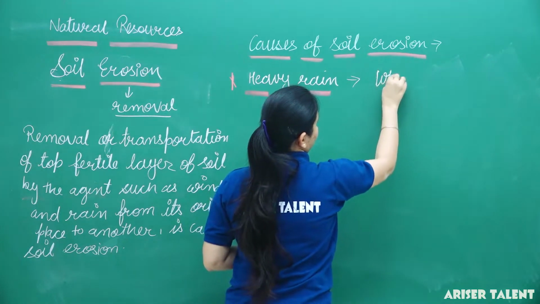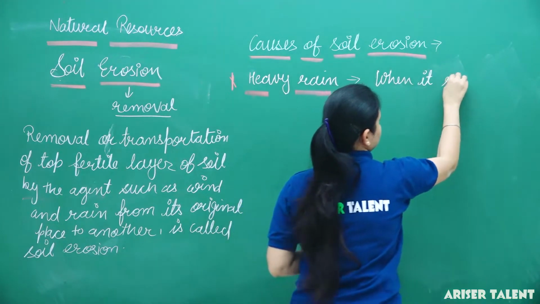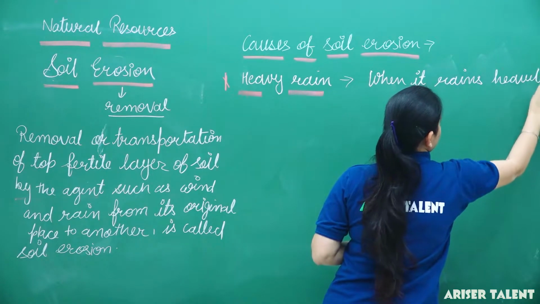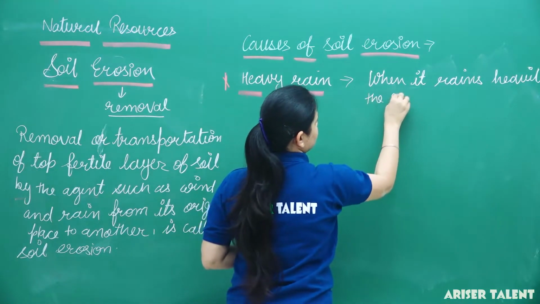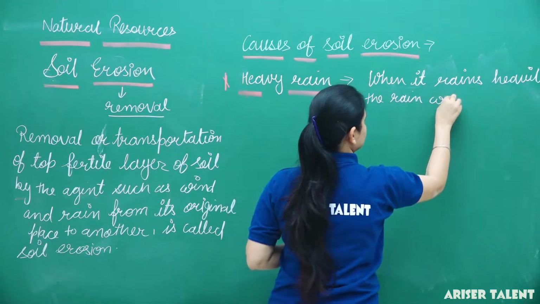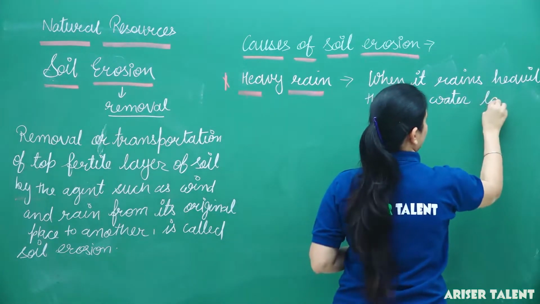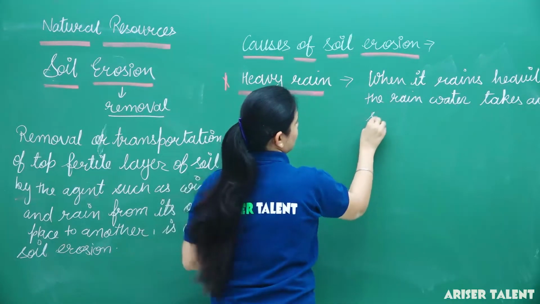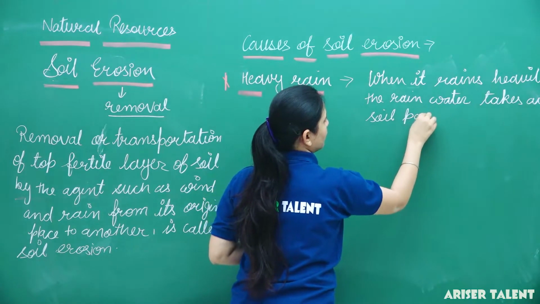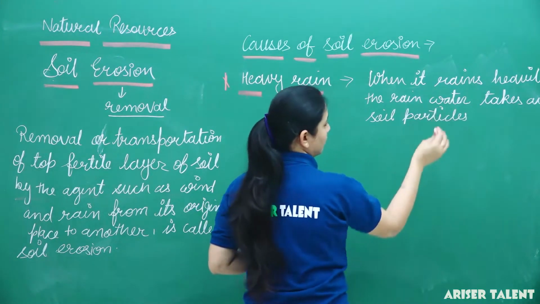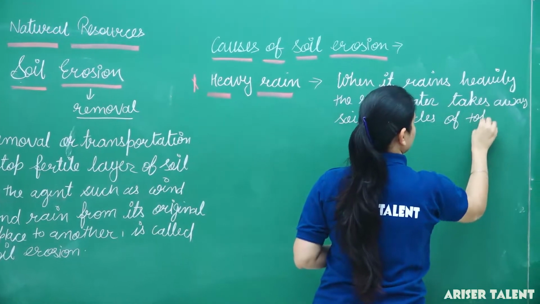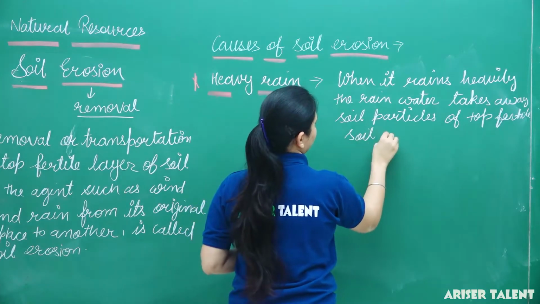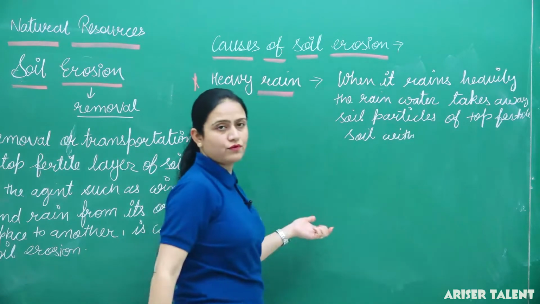When it rains heavily, the rainwater takes away soil particles of top fertile soil with its flow.